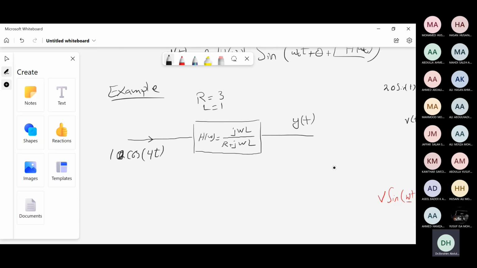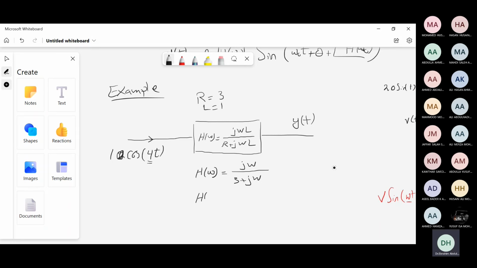So the first step, we need to find h of omega. H of omega is j omega multiplied by 1 divided by 3 plus j omega. Omega equals 4, so replace omega with 4.